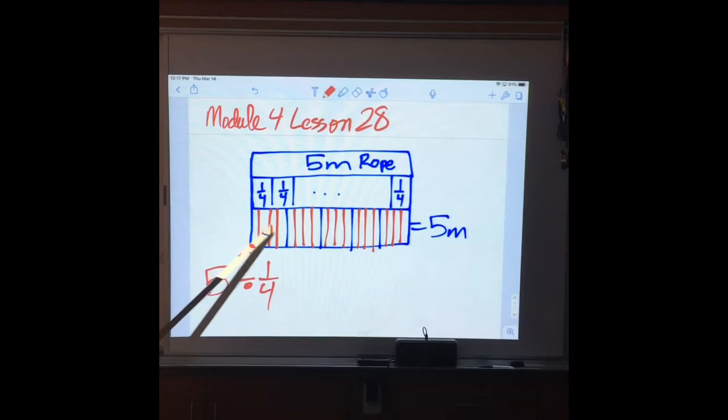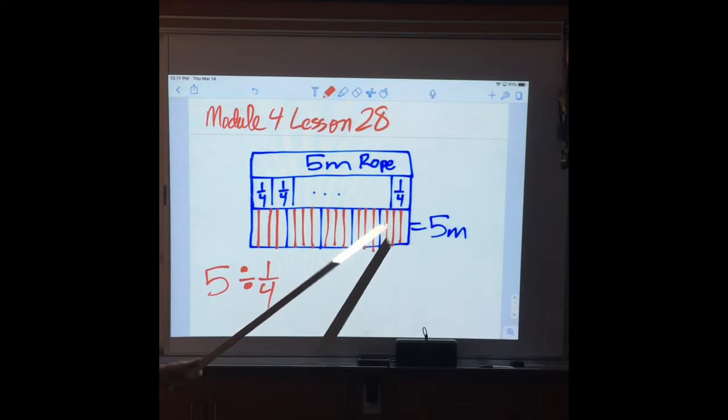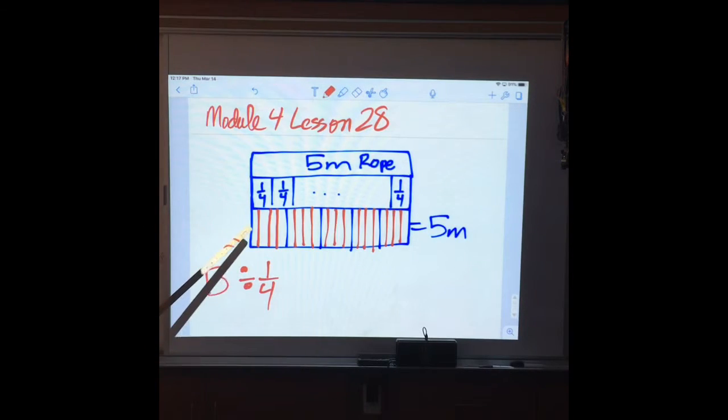How many fourths do you think I have? Well, we could count them individually, couldn't we? We have 1, 2, 3, 4, right? So I've got 4 fourths.